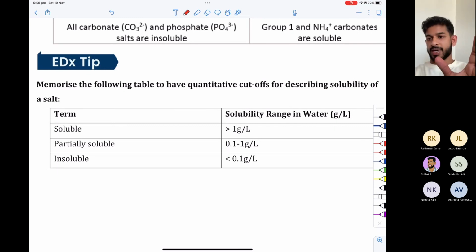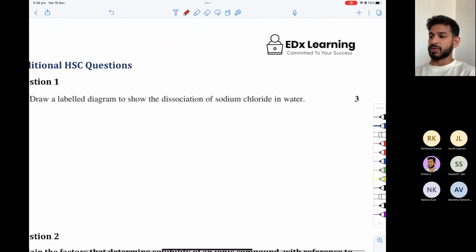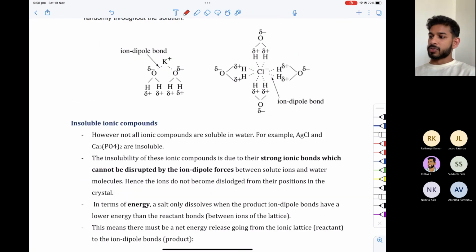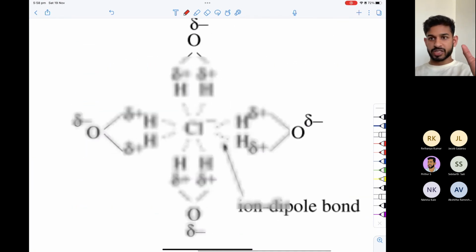So the key points there were that an ionic lattice consists of oppositely charged ions with strong electrostatic bonds. Water molecules will form ion dipole bonds and disrupt the lattice structure. You'll then form hydration spheres with those ion dipole bonds that ensure solubility, and they prevent the ions returning to the lattice. I think that's the most important point as well that I did not stress, which was the role of these hydration spheres.